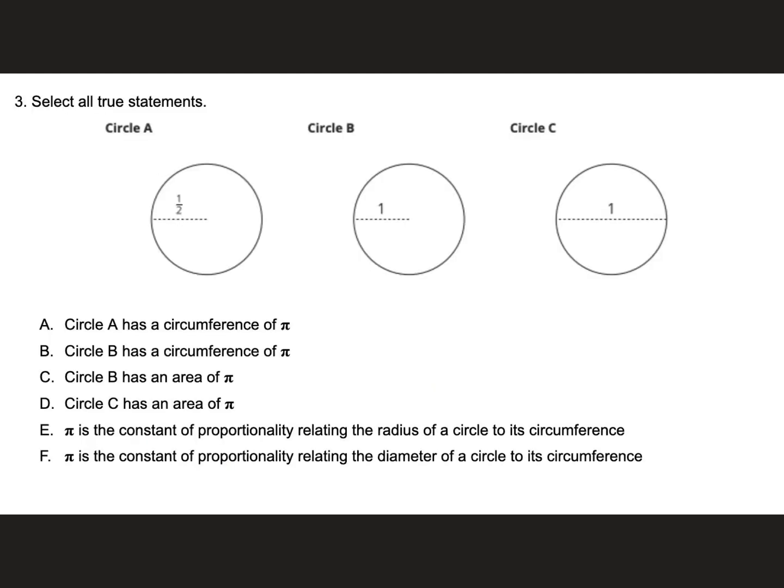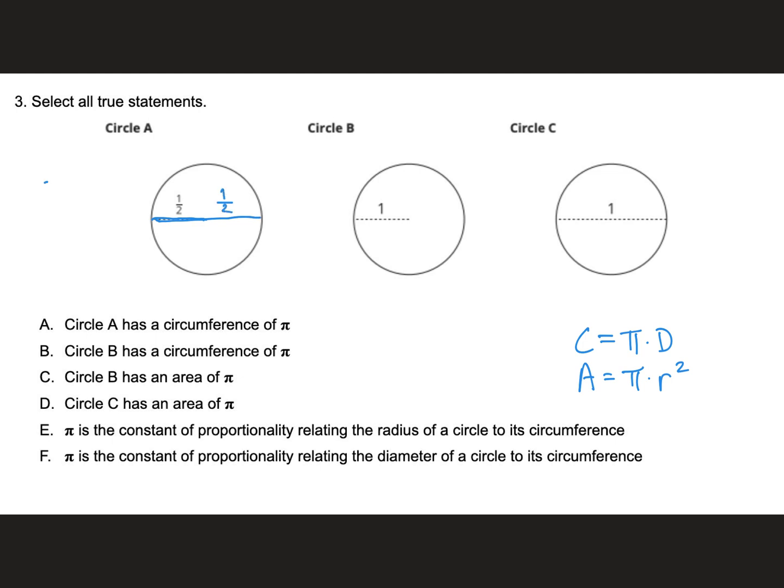All right, for this question, we're looking at 3 different circles, and we're just trying to find their circumference and area of each of those. So circumference is equal to pi times the diameter, and area is equal to pi times the radius squared. Circle A has a radius of a half, or a diameter of 1.